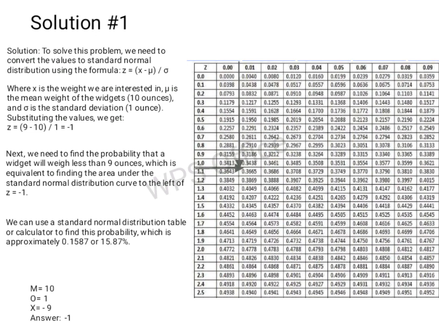Next, we need to find the probability that a widget will weigh less than 9 ounces, which is equivalent to finding the area under the normal distribution curve to the left of z equals -1.